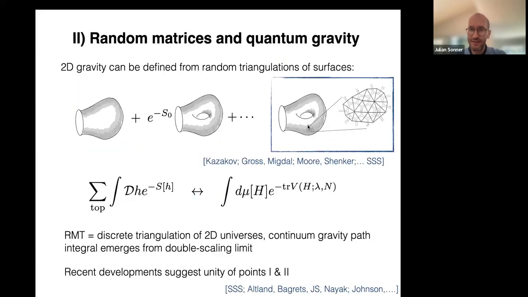Okay, so I said you zoom in here. I could say all these words because these people have actually worked out all the chains in the argument. What we have is the right-hand side here, where I integrate over a sort of discrete tensor theory. Here, they're integrating over discrete matrix theory. And those diagrams give you discrete triangulations of 2-dimensional surfaces.